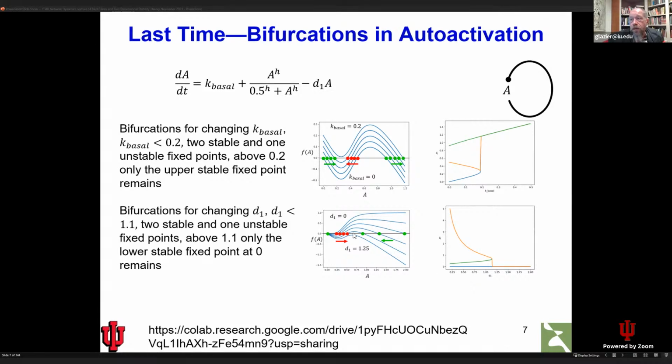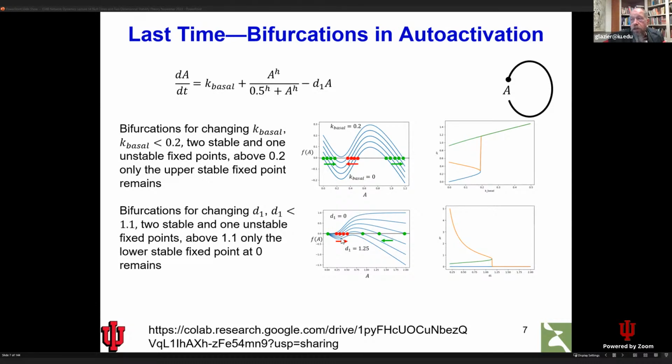And so as we make D1 bigger, the curve comes down. If D1 is 0, there's no decay. And that means that this thing runs off to infinity. So not very interesting. If we make D1 larger, we have an upper stable fixed point that gradually decreases.